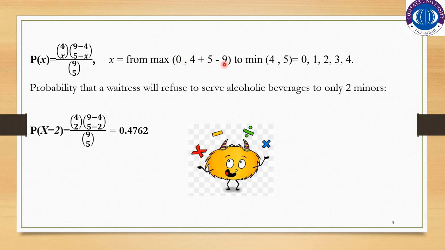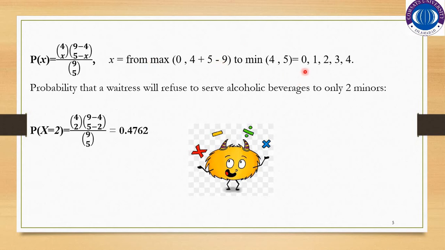So the starting point is 0 and it will go to minimum of 4 or 5. So minimum value is 4. So it will be equal to 0, 1, 2, 3 and 4. So this is the range of the random variable x.